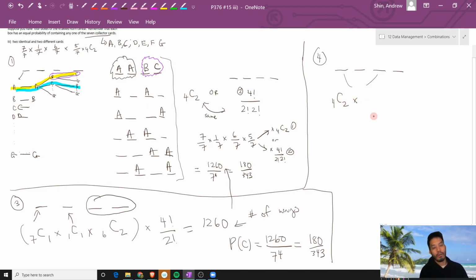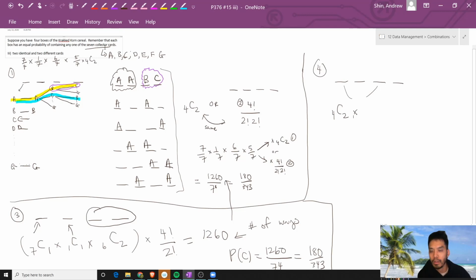Now, what we can do is that we have 7 cards to choose from, right? And there's going to be 3 different cards, right? One pair, and then there's 2 more. So we're going to have 7 cards, and we got to choose 3 of them, right?